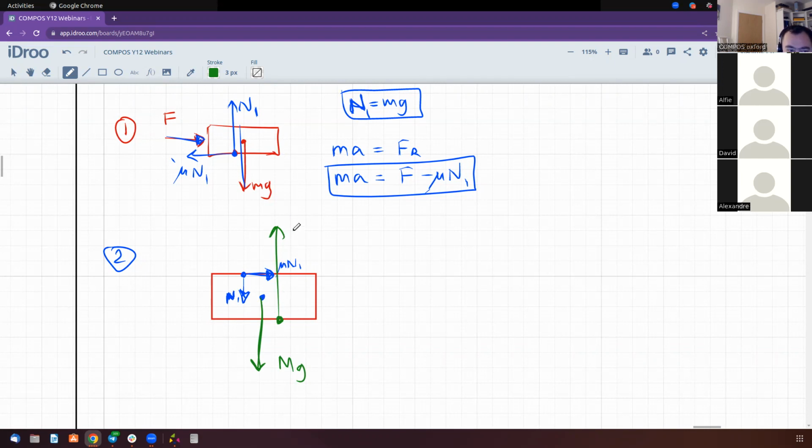It doesn't really matter where you apply it. So N2. Now the block is not moving vertically, and this tells us that N2 is equal to mg plus N1.